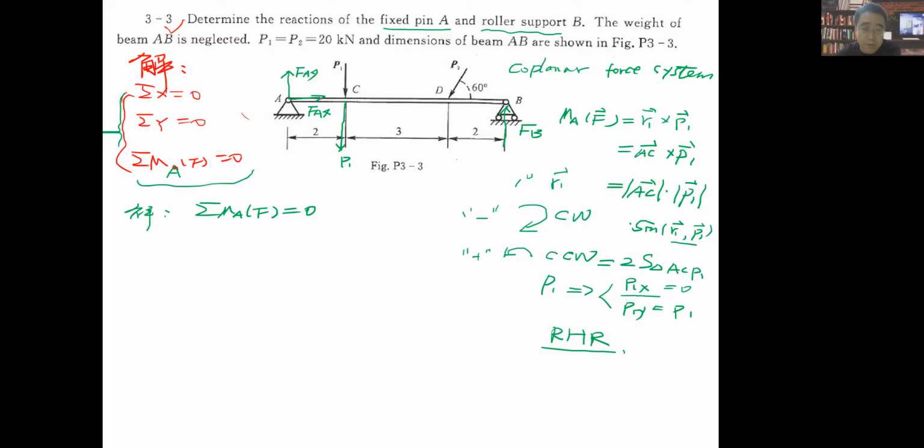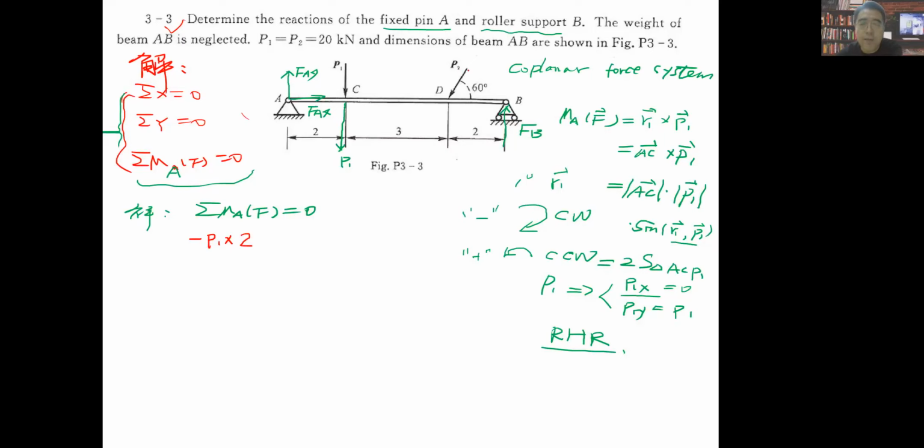So we first consider P1, its moment to point A, right? Actually, we have the conclusion: this moment of P1 to A is along the CW direction.